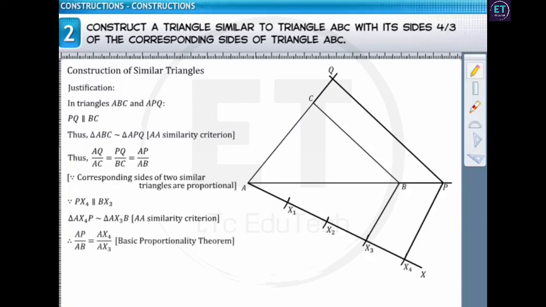Thus, AP by AB is equal to AX4 by AX3. By construction, AX4 by AX3 is equal to 4/3. Thus, AP by AB is equal to 4/3. Hence, all sides of the triangle APQ are 4/3 of the corresponding sides of the triangle ABC.